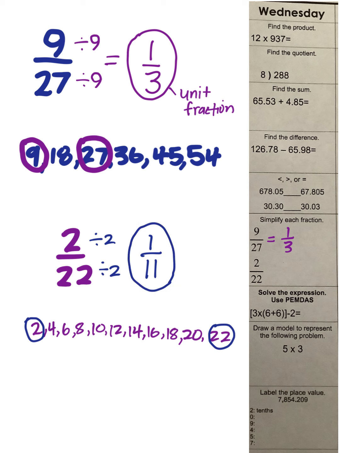Do you notice anything about this simplified answer? Yep, you're right. It is also a unit fraction. We know that 1/11 is a unit fraction because there is a 1 as the numerator. So it has been simplified.